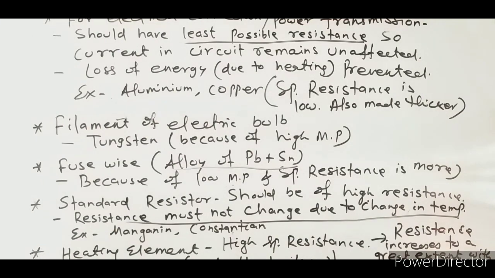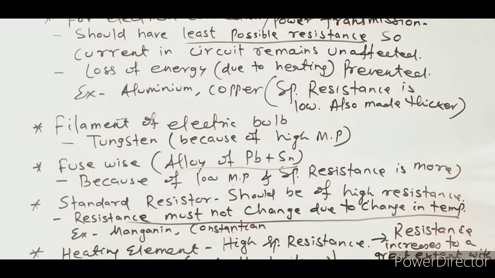But it should be in such a way that the temperature will change, but resistance will not change. You remember, in standard 9 you have seen the rheostat, and some wires on it are made up of Constantan.